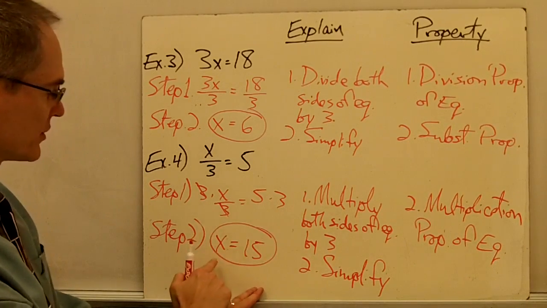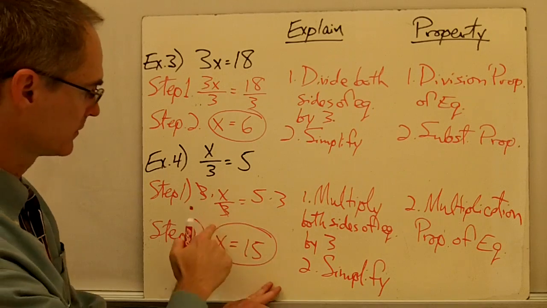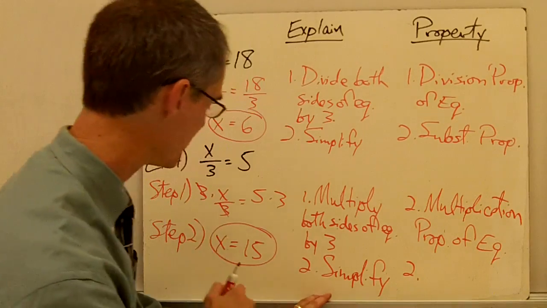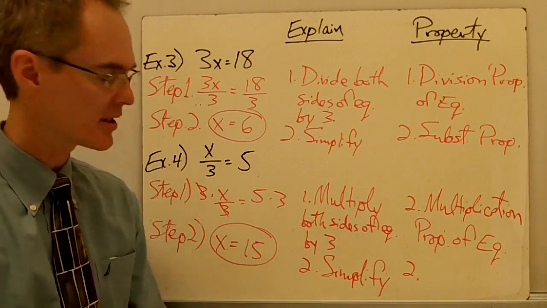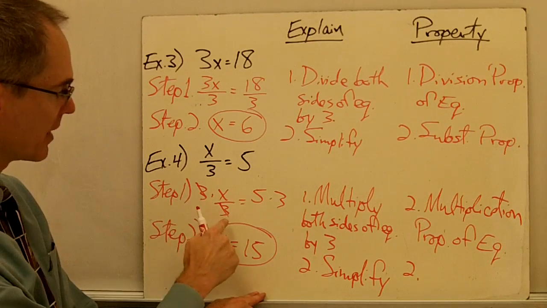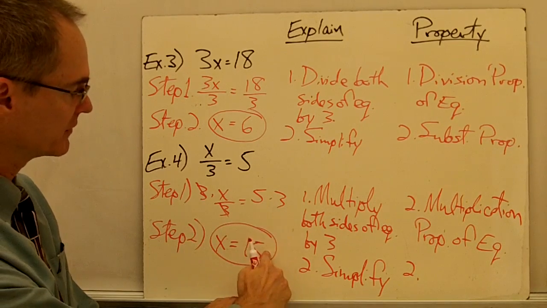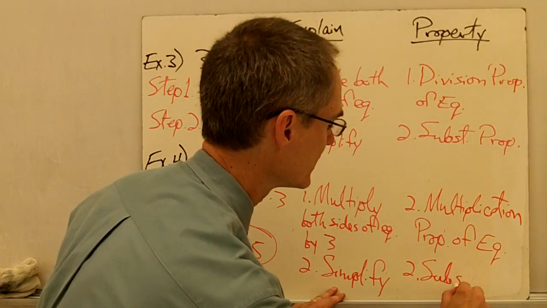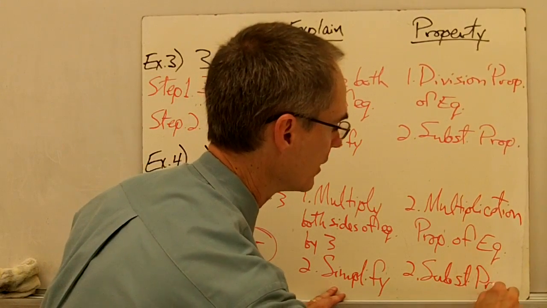So I've solved this equation. Step 2 is simplifying from step 1. And once again, this simplifying is really just substituting. I'm substituting the number 1 for 3 divided by 3, and I'm substituting the number 15 for 5 times 3. So this again is just the substitution property of equality.